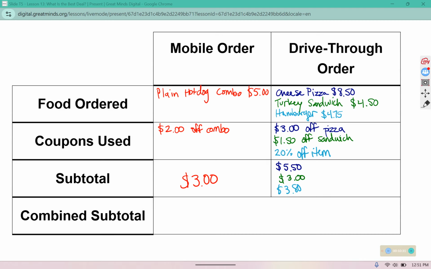And we need 2 additional sides. It doesn't matter what side we get, we just need a side that is $1.25. They're all the same price. And we can use the 35% off of the snack.